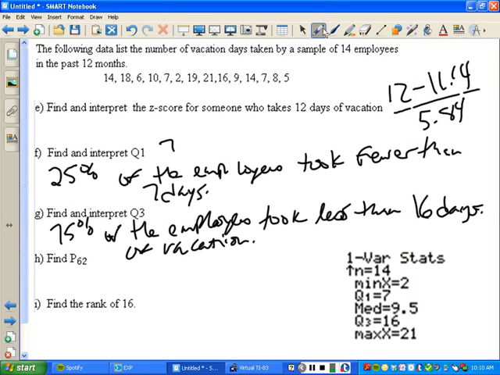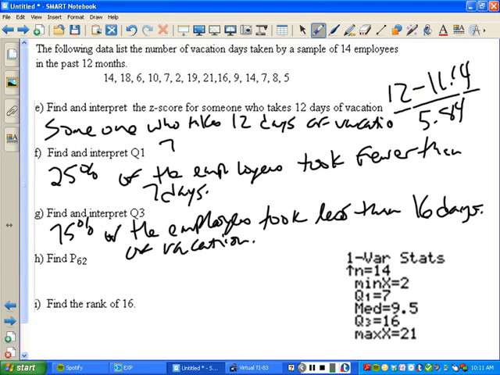What I would say is someone who takes 12 days of vacation is, what did we say, 0.147 standard deviations above the mean.